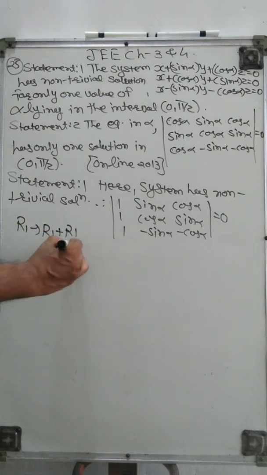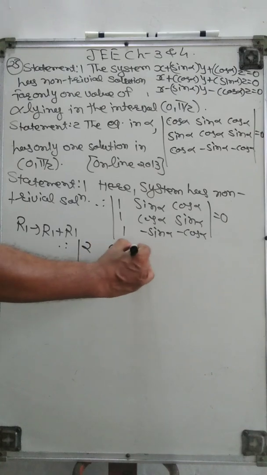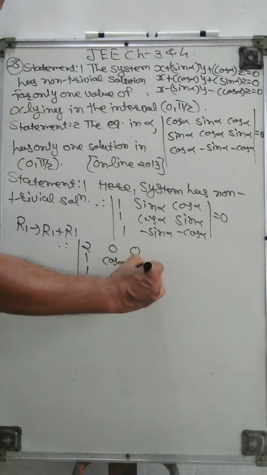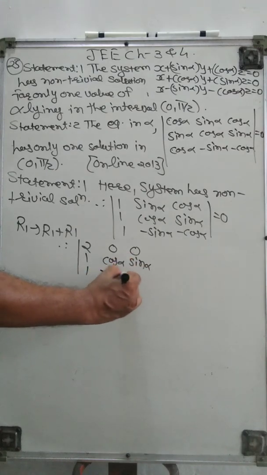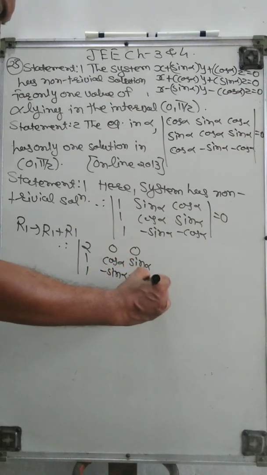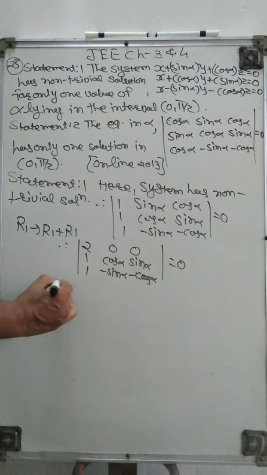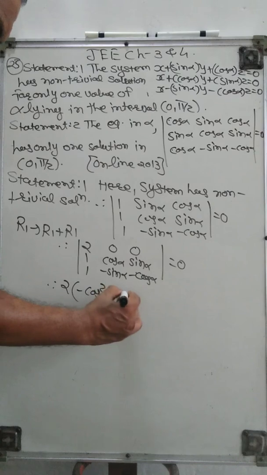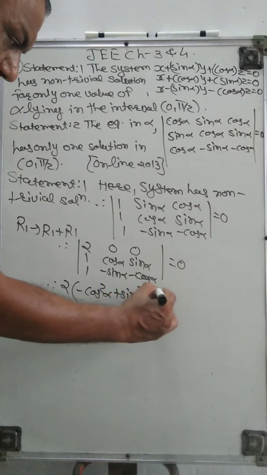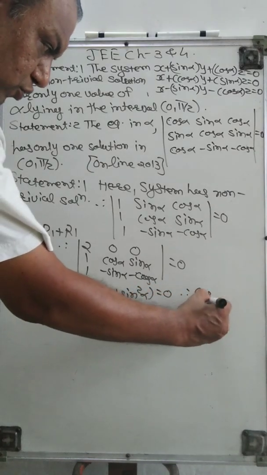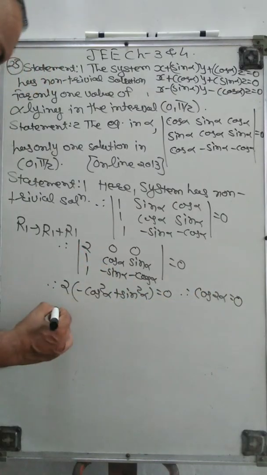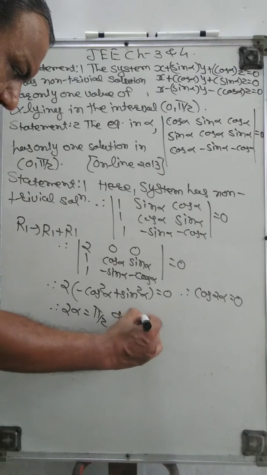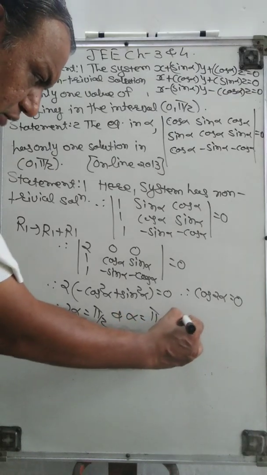So we have 2, 0, 0 in the first row, then 1, cos alpha, sin alpha and 1, minus sin alpha, minus cos alpha. Then we have 2 times minus cos square alpha plus sin square alpha is 0. Therefore cos 2 alpha is 0, so 2 alpha equals pi by 2 and alpha equals pi by 4, which belongs to 0 to pi by 2.